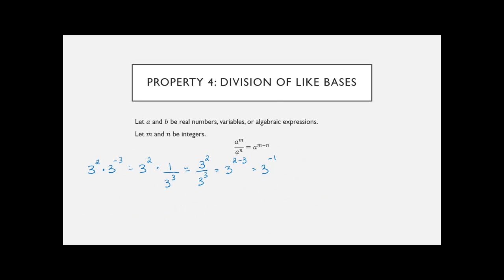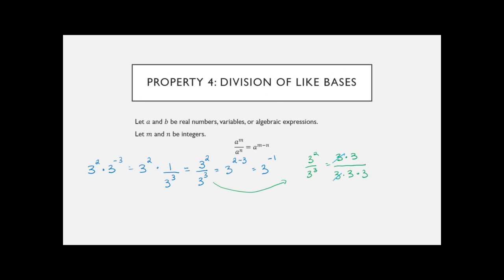And if it makes more sense to you, if we think about this rule again, 3 squared over 3 cubed, if I expanded it out, we have 3 times 3 on the top, 3 times 3 times 3 in the bottom.